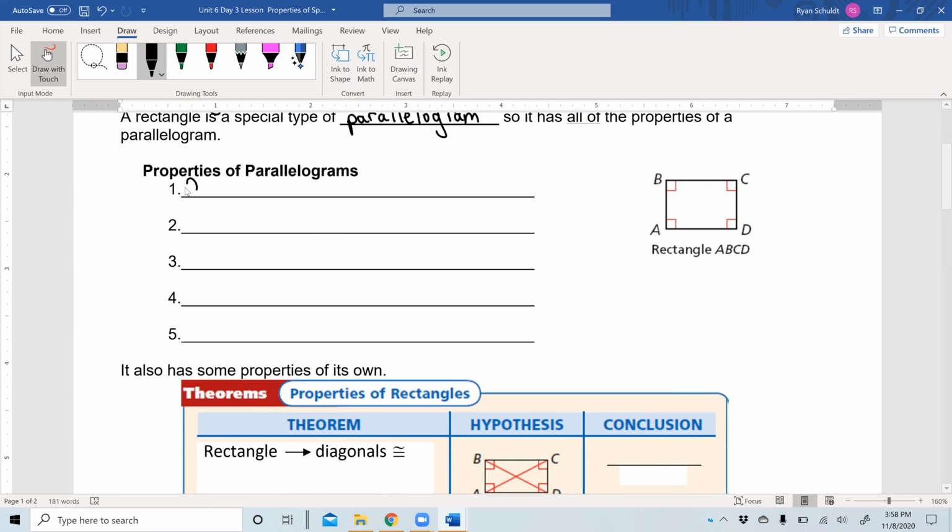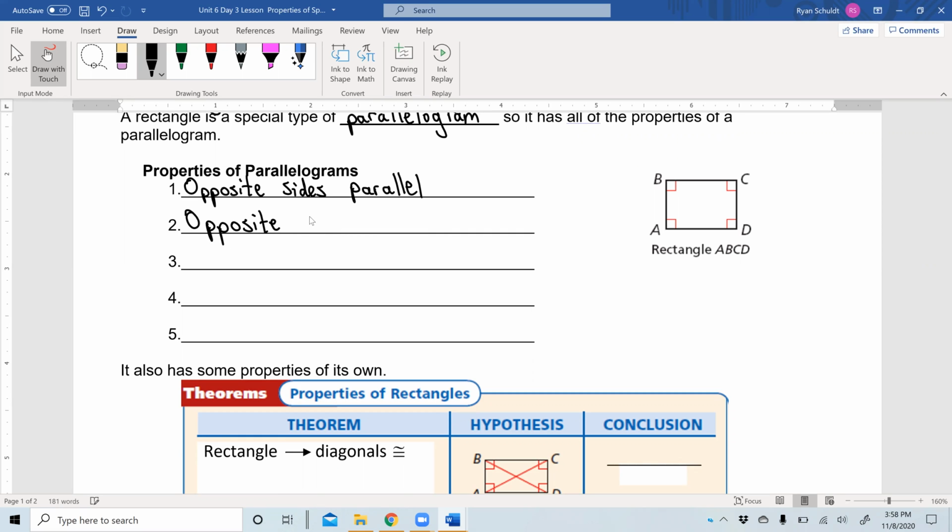So first, we have to have opposite sides parallel. Clearly, a rectangle has that. Opposite sides congruent.